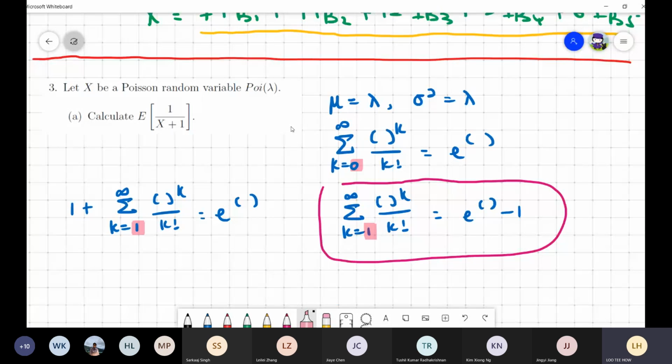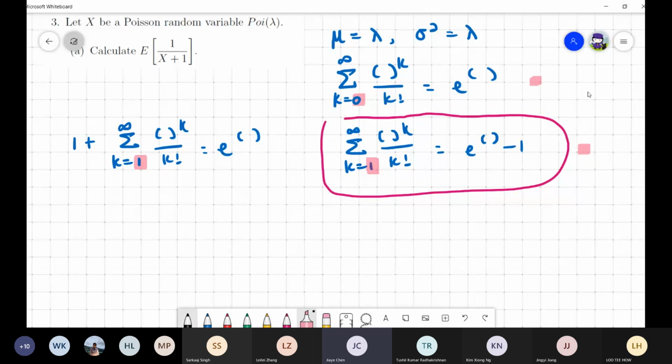If you are aware of this formula, as well as this standard formula, you should be able to solve question A here. That will be a direct calculation. So look at the solutions for A. I think this is straightforward.